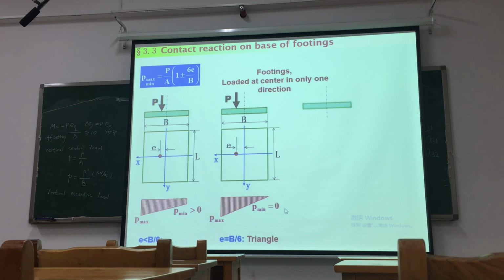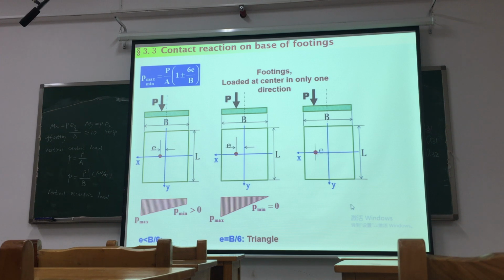Okay, and another case for offset more than width divided by 6. In this case, the minimum value is negative, meaning some tensile stress appears in the calculated stress.